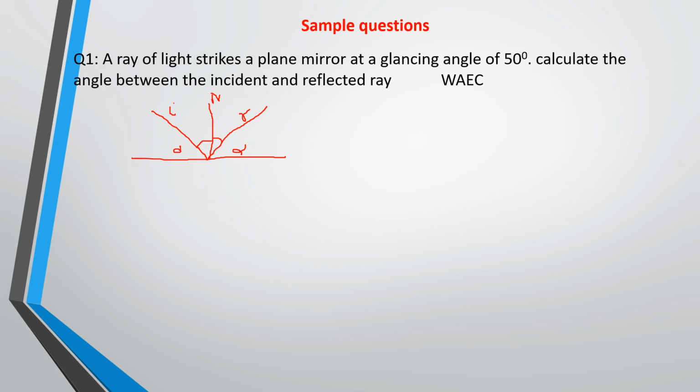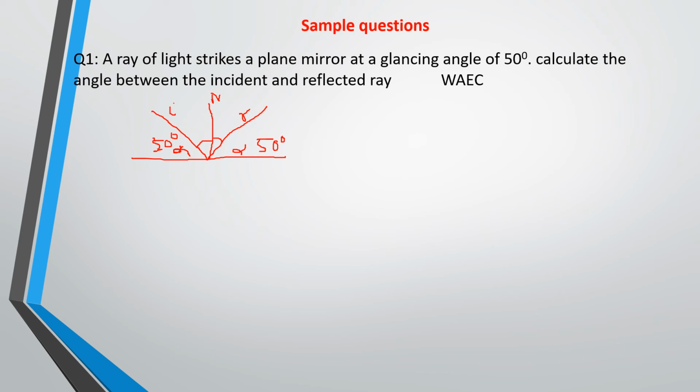So the question is saying that the angle between the incident ray and the mirror, which is the glancing angle, is 50 degrees. Based on our discussion before, we have said that the glancing angles are equal on both sides.